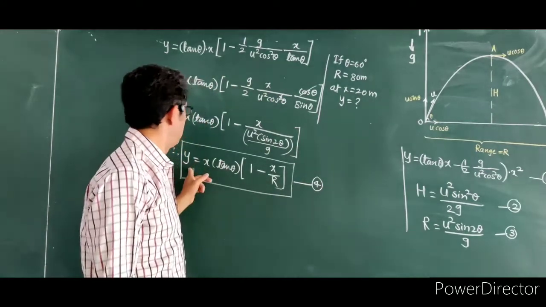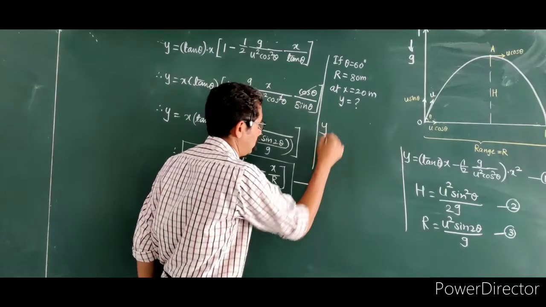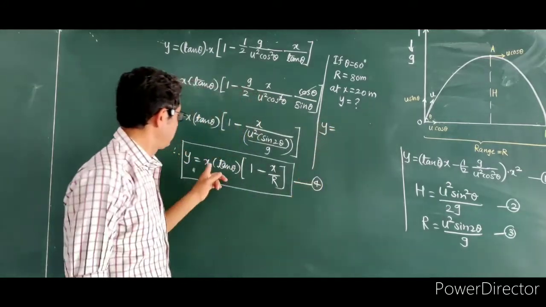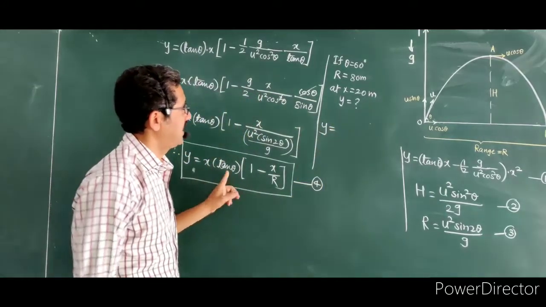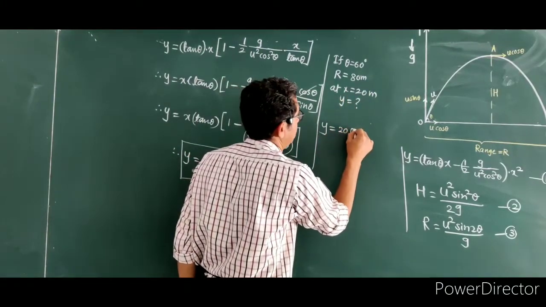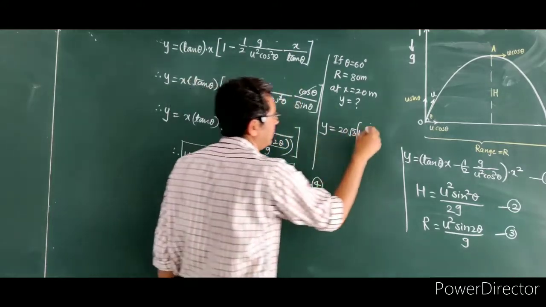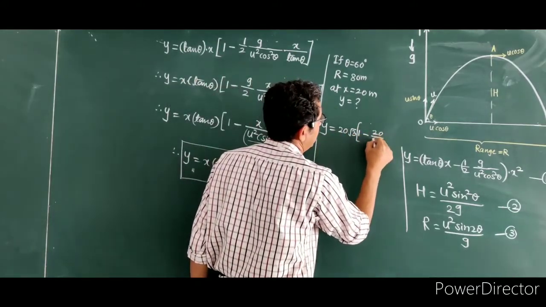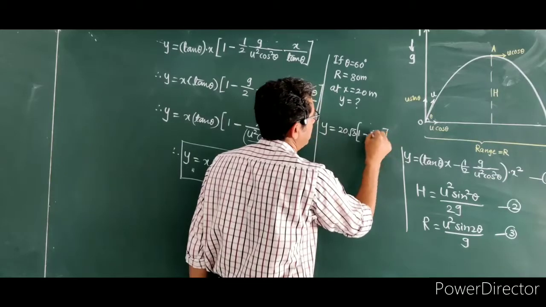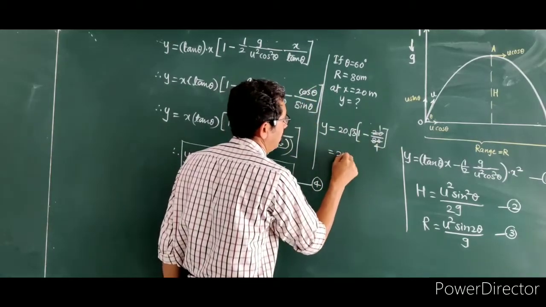Let us see. So y is equal to, if I start simplifying this, x tan theta, that is 20 into tan of 60 which is root 3, inside the bracket 1 minus x, that is 20, divided by R which is 80. So this gives me 1 by 4. 1 minus 1 by 4 is going to be equal to 3 by 4.